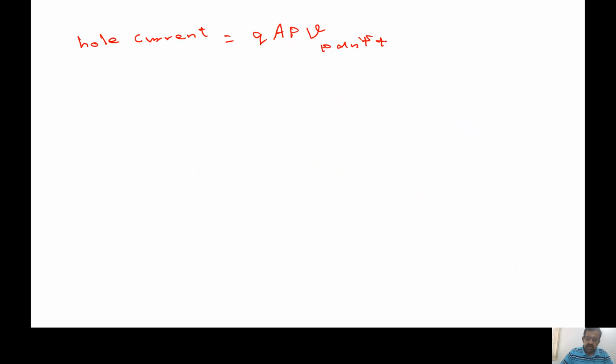Now I told you that this V is directly proportional to the applied field E, as we talked about in the last class. In the case of holes, the holes move from left to right, which is the direction of the field also. Therefore for the proportionality, I will simply have mu p E, where mu p is actually the mobility of holes.